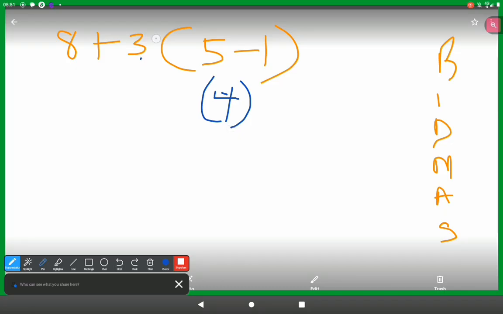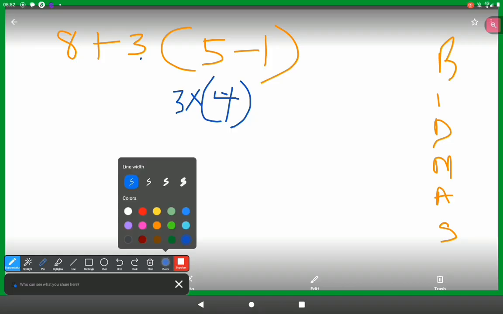Reason is that there's no sign between these. If we had a sign between them, then it would have been 3 plus 4 or 3 minus 4. But there's no sign around here. So if there's no sign, that means we have to expand the brackets. So expanding the brackets will now mean 3 times whatever the bracket gives. So that will be 3 times 4.